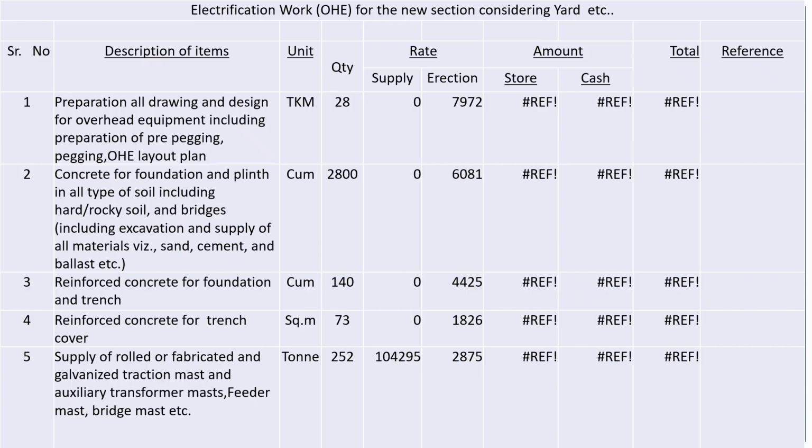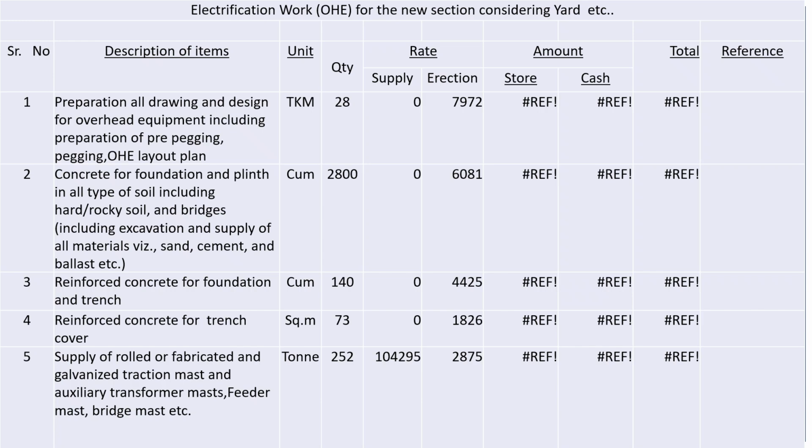Then the type of OHE, whether it is single phase 25 kV, or 2 into 25 kV, or 25 kV high rise OHE, or 2 into 25 kV high rise OHE. These four types are now normally running in India. One is single phase 25 kV.